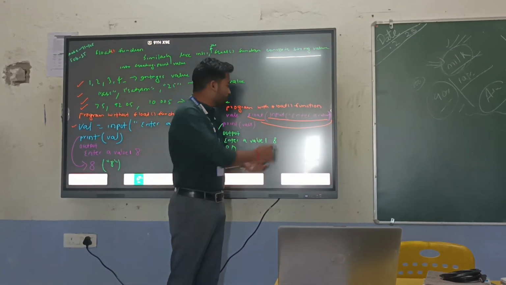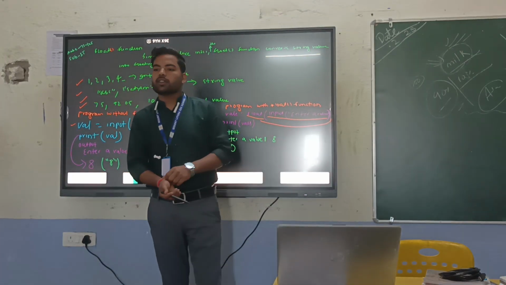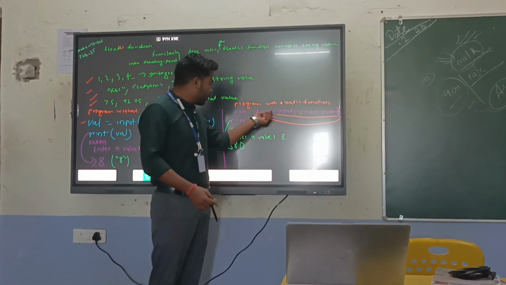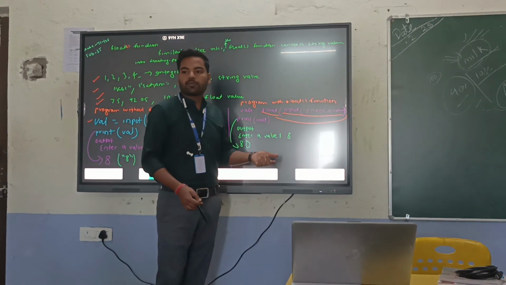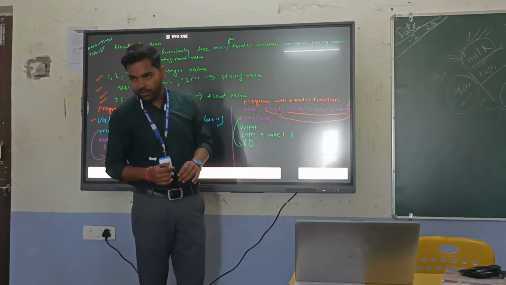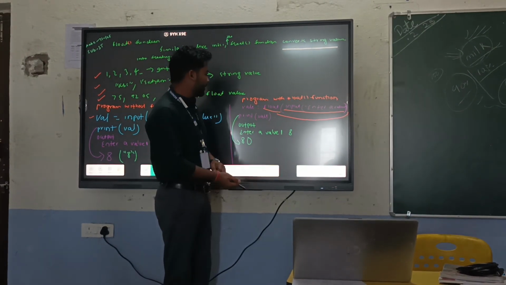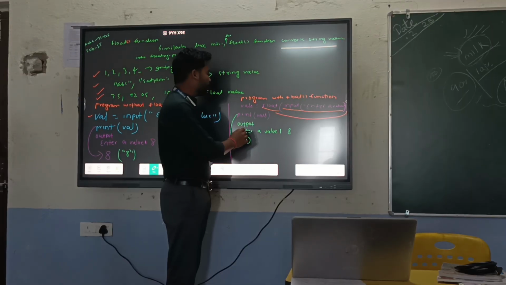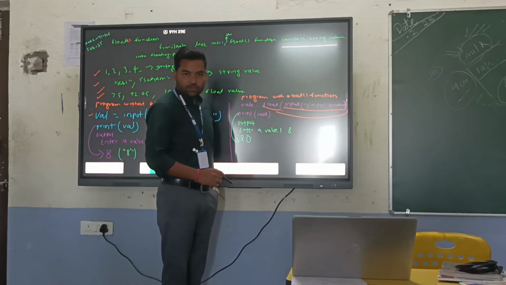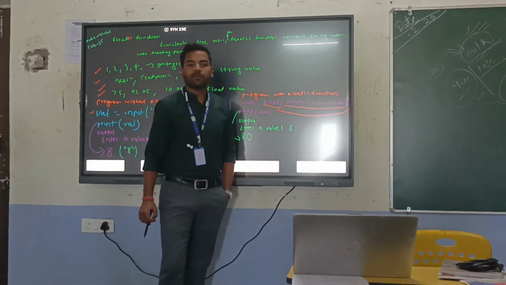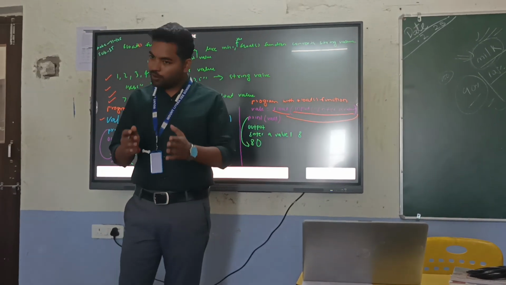So this input function will take the input from the user, and after that this float function will convert that value into a floating point value. In the next line we are printing, so the output will be 8.0. Why is it 8.0? Because this input will be accepted as a float value.